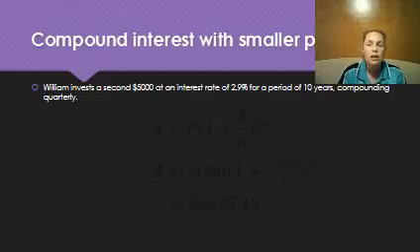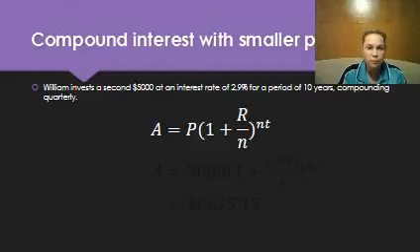So we make a slight adjustment to our formula. This time we have our amount afterwards is equal to our principal times 1 plus r divided by n, all to the power of nt.